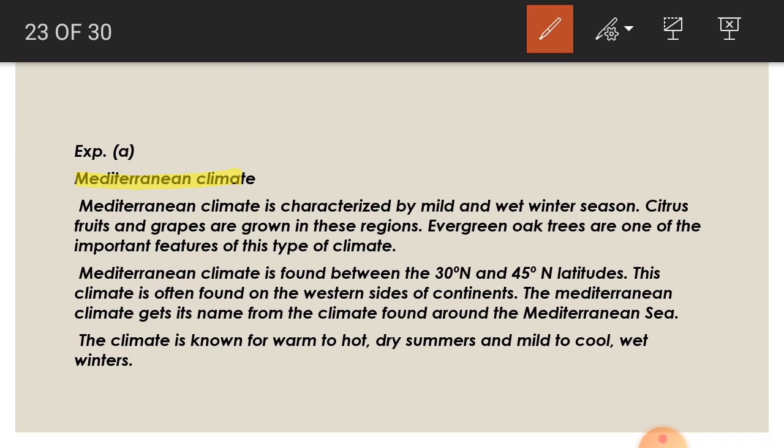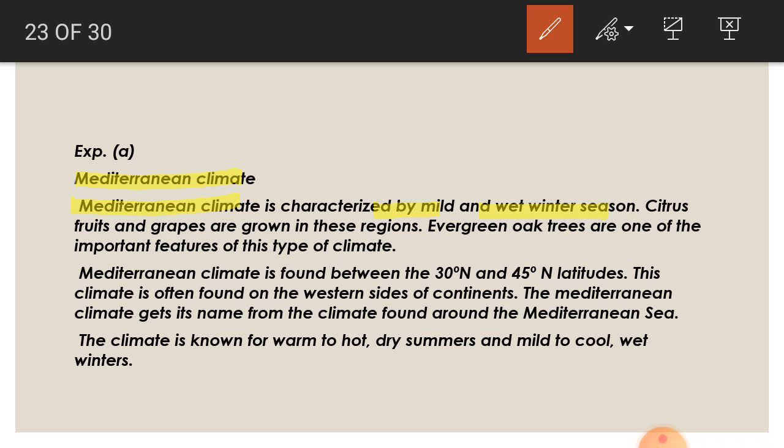So you know that in all the questions we have discussed in our series, we must have knowledge about the seasons, and about what kind of atmosphere, what kind of rainfall, and what kind of forest a region has. Mediterranean climate is characterized by a mild and wet winter season.